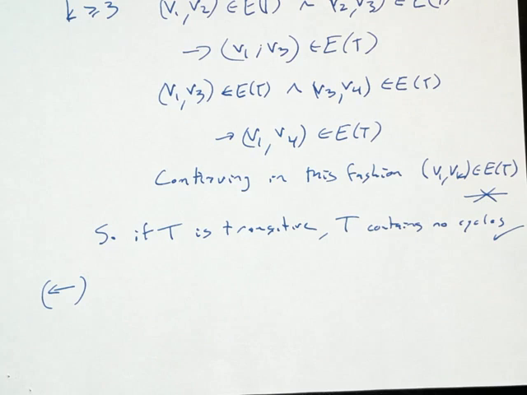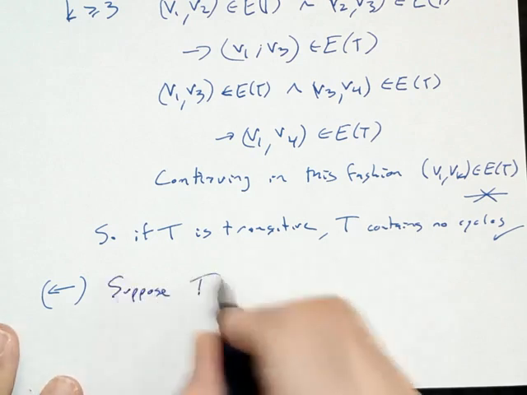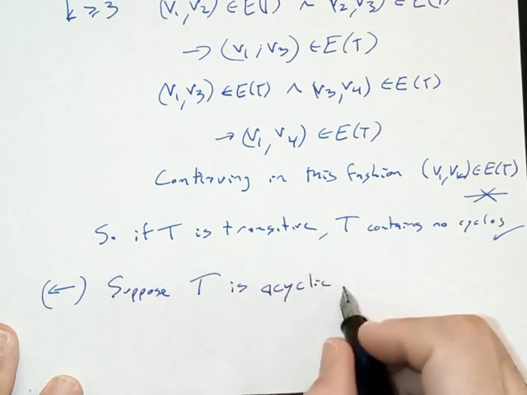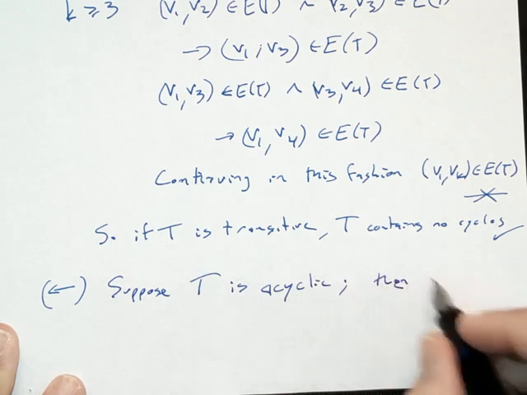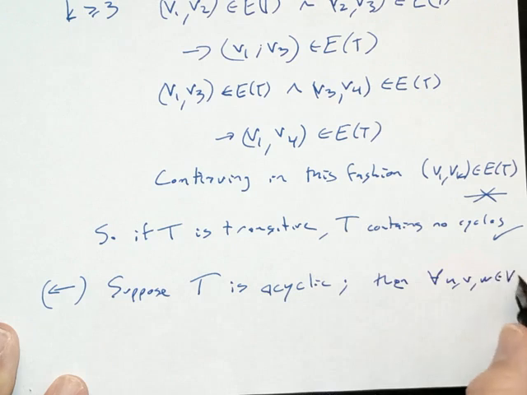Suppose my graph is acyclic. And pick 3 vertices.